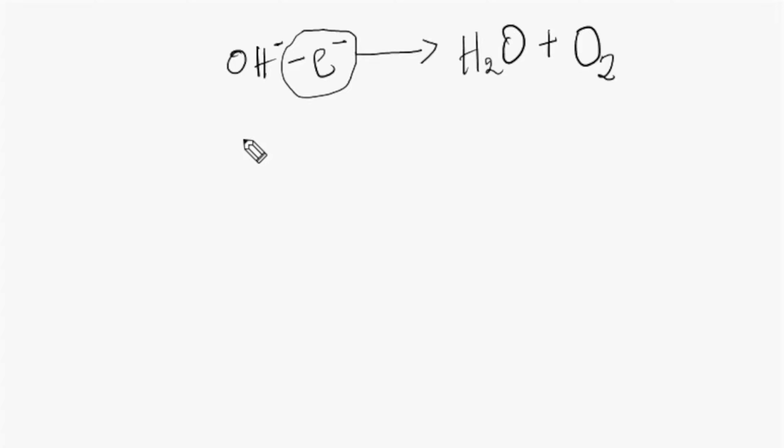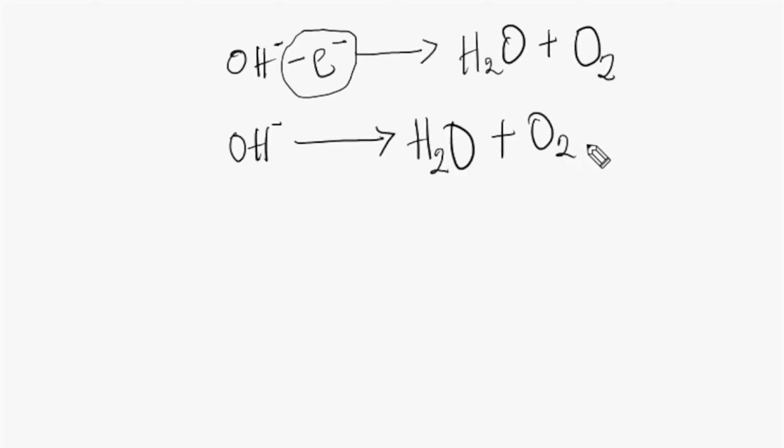It doesn't show well in this representation, so we are going to bring this electron over here. This will now become H2O plus oxygen gas is liberated plus an electron.